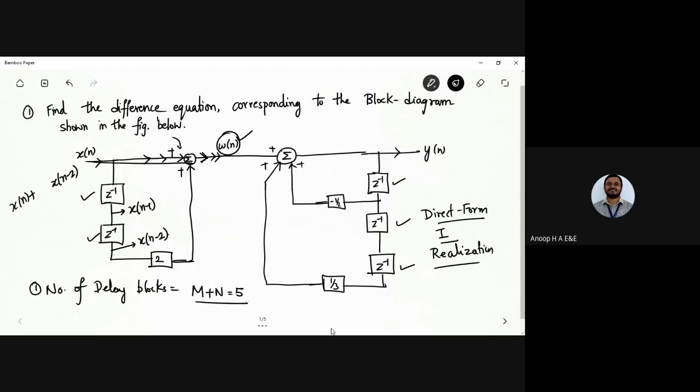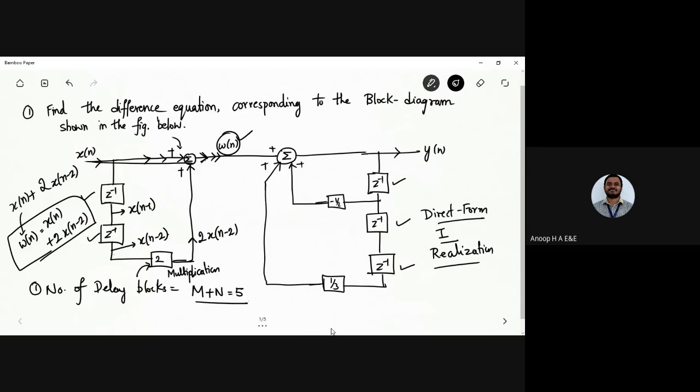It passes through an amplitude multiplier, that is a multiplication block, giving 2 times x of n minus 2. So w of n would be x of n plus 2 times x of n minus 2.